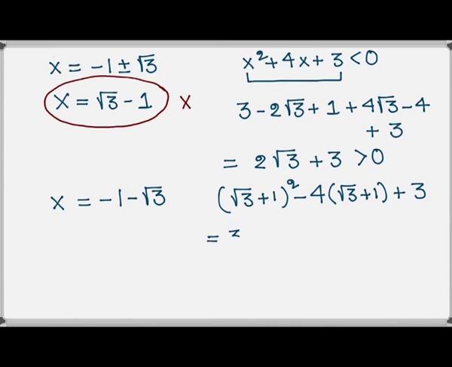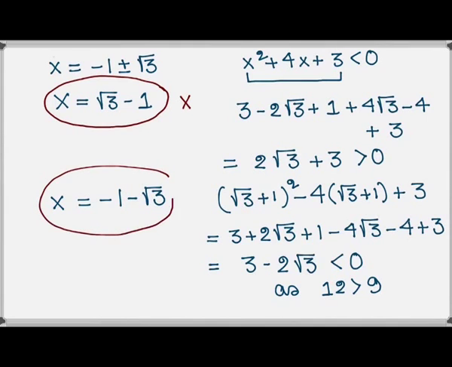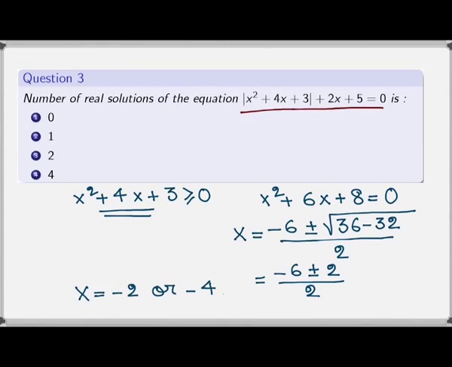This is same as 3 plus 2 into square root of 3 plus 1 minus 4 into square root of 3 minus 4 plus 3, and this is same as 3 minus 2 into square root of 3, and clearly this is strictly less than 0 as 12 is strictly bigger than 9. Therefore x is equal to minus 1 minus square root of 3 is possible. So we get that this equation is exactly having two real solutions. So the third option is correct here.